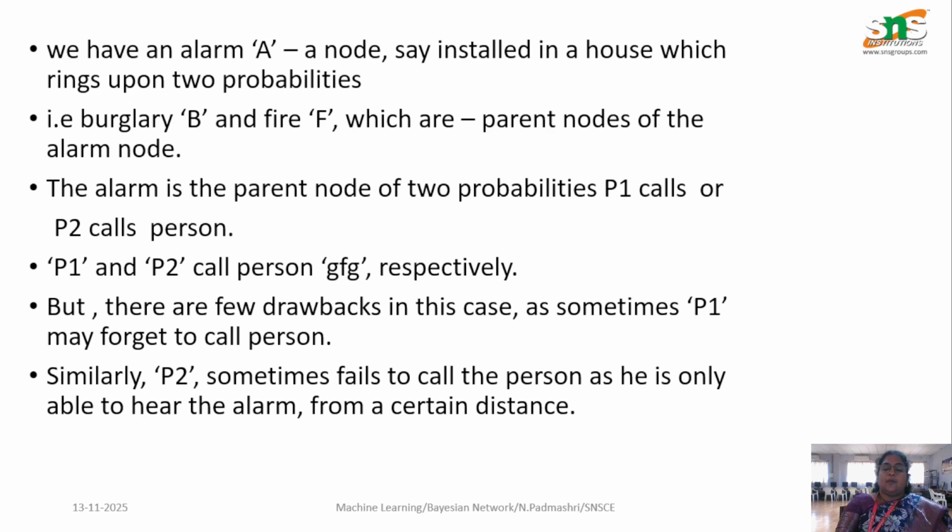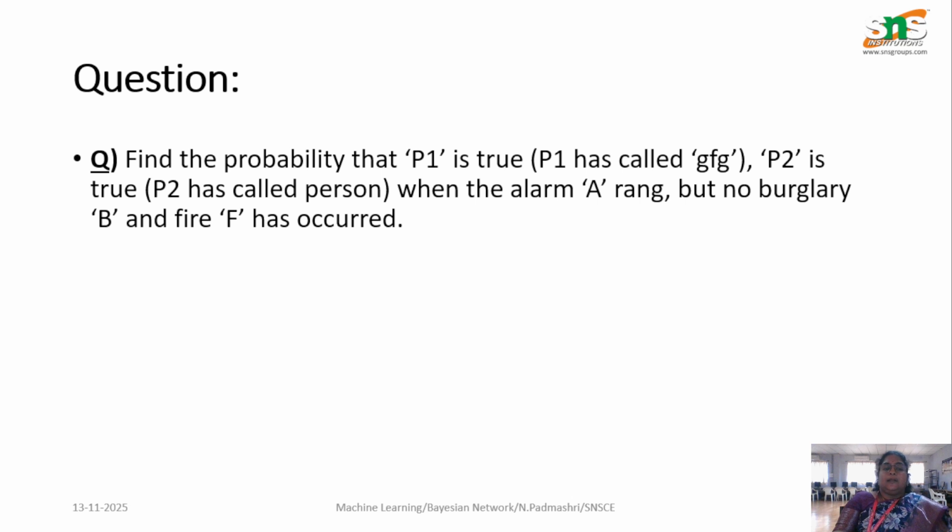These are some of the probabilities we took, and the question I am going to display here is: what is the probability that P1 is true, which means P1 has called some other person, and P2 is true, which means P2 has called some other person, when the alarm is raised but there is no burglary, and there is only one condition, F, which means no burglary, no theft, but a fire has occurred.